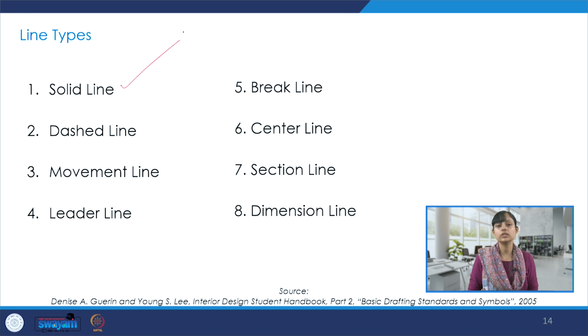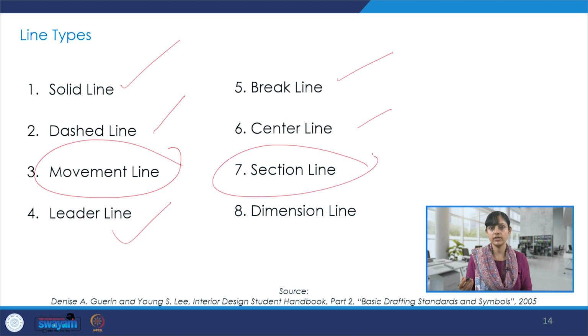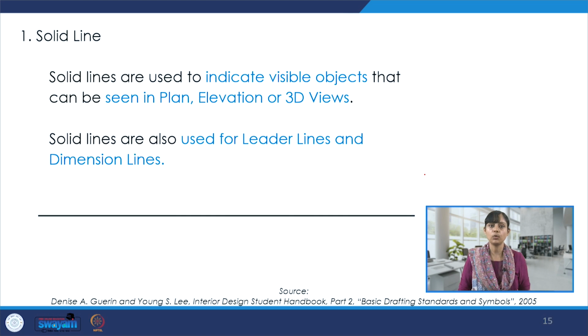So it could be a solid line, a dashed one, the line which shows movement. There is a leader line, break line, there is also a center line. Then a line denoting section where the section is being cut, and then of course the dimension line, which is very important. So there is this solid line that you see over here and it indicates visible objects which are seen in plan, elevation or 3D views.